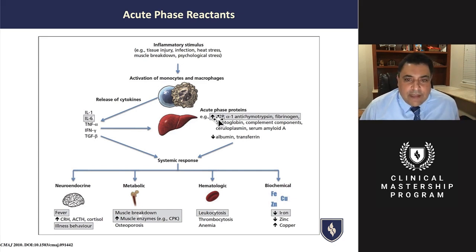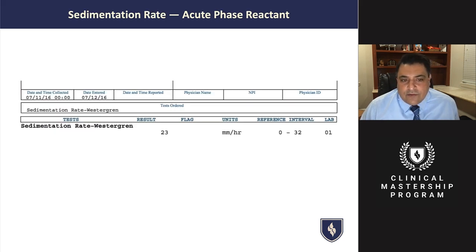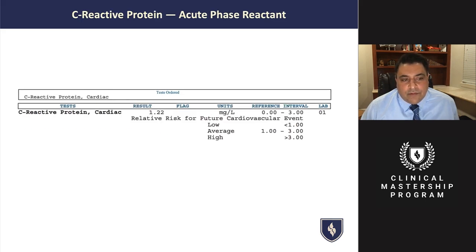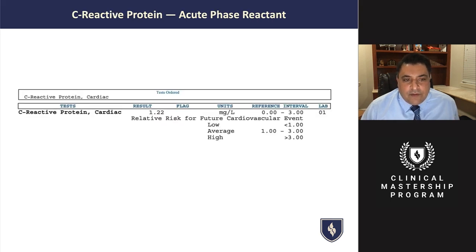You could have elevations in ferritin and have no changes in CRP. ESR, the erythrocyte sedimentation rate, is totally dependent upon fibrinogen activity. If there's no fibrinogen activity, you're not going to see the ESR go up. So sometimes people are confused and say, I don't understand why ferritin levels are up but CRP is normal. It's a different immune response, a different immune mechanism.